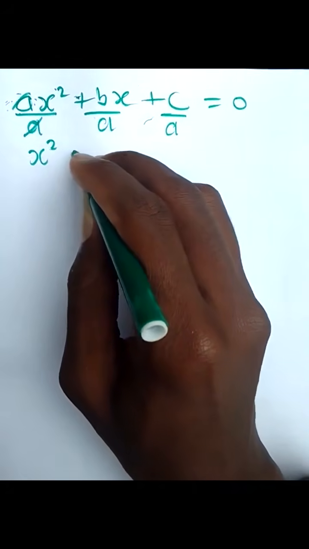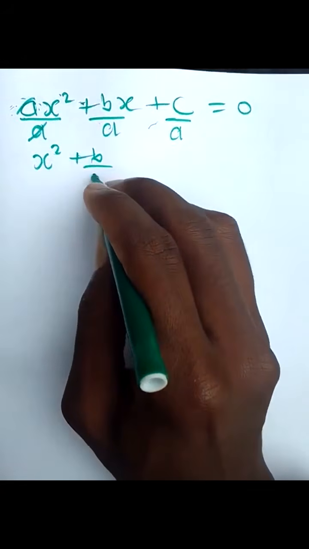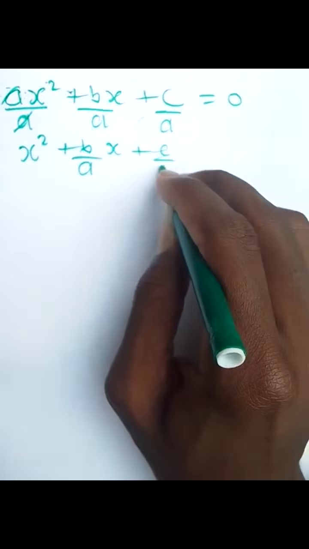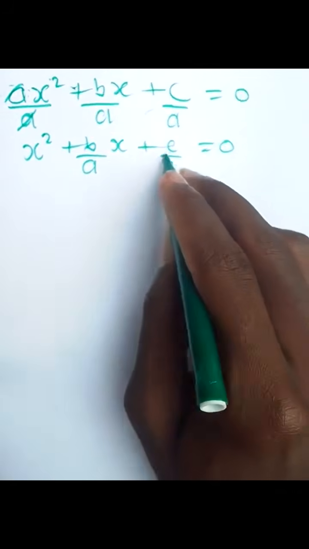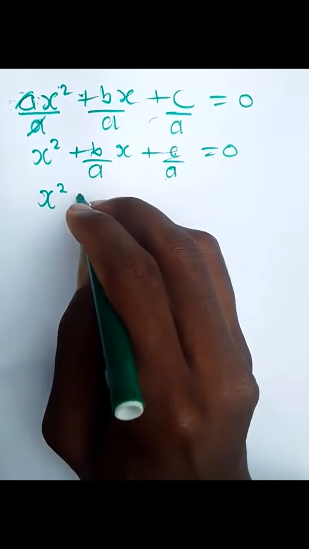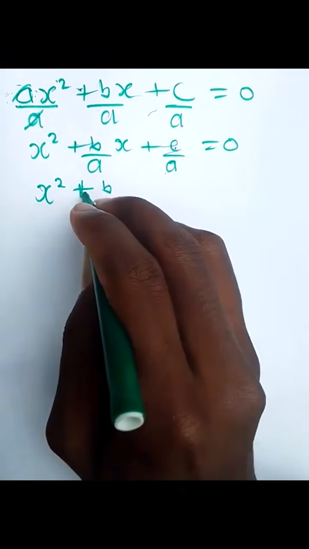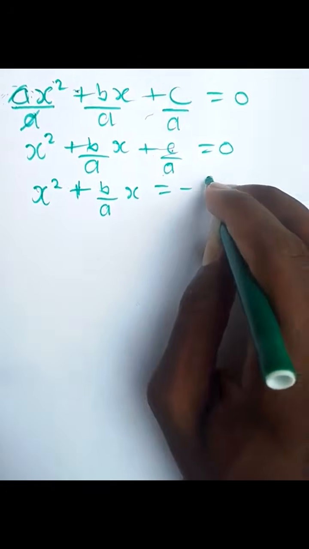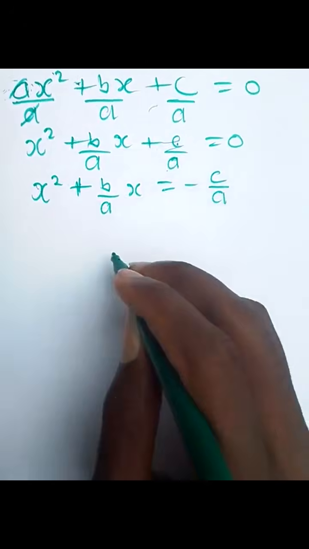We have x power 2 plus b over a x. We are using the completing the square method. And then I'll take this to the other side. I'm going to have x power 2 plus b over a x is equal to negative c over a.